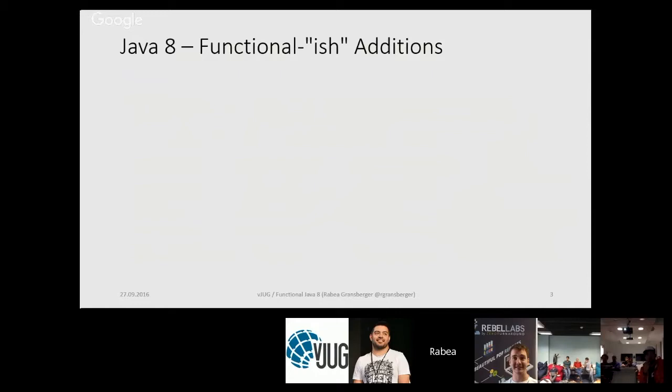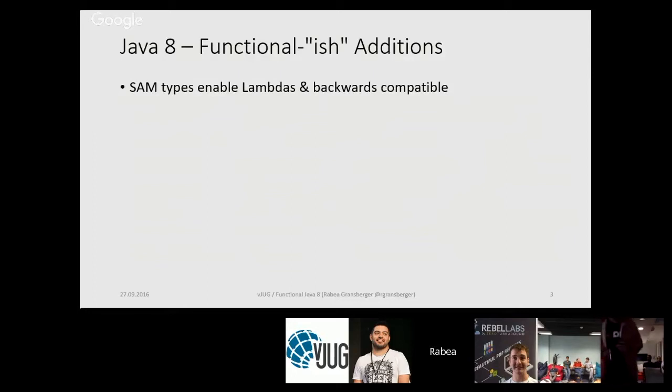So what do we have in Java 8 now? It added some functional-style additions to the language. First of all, we have these functional interfaces, which are interfaces that just have a single abstract method. This allows us to pass in lambdas. And what I think is really nice is that it's also backwards compatible.